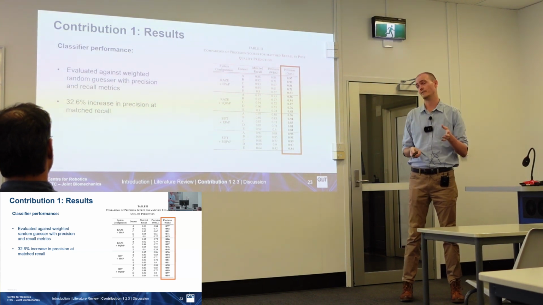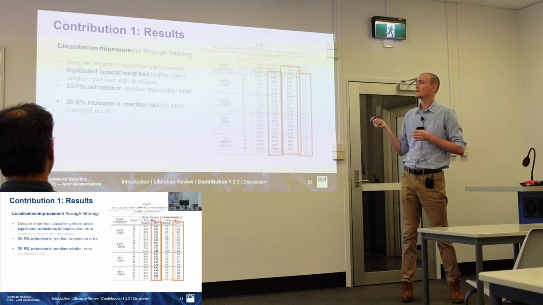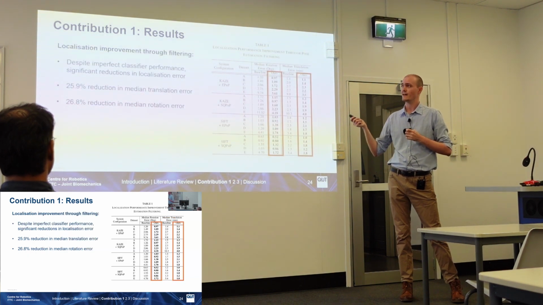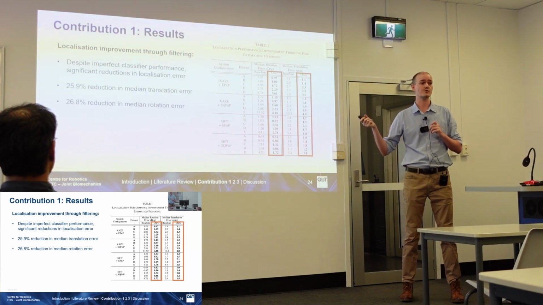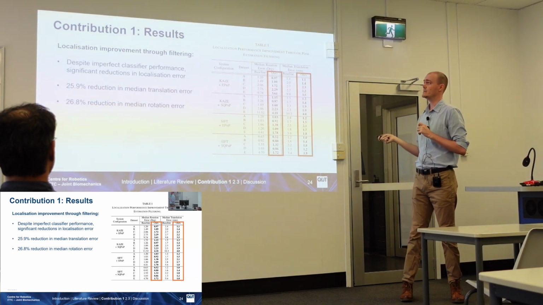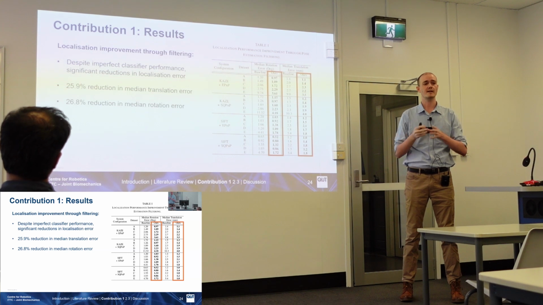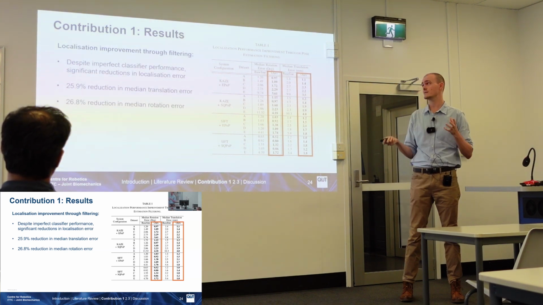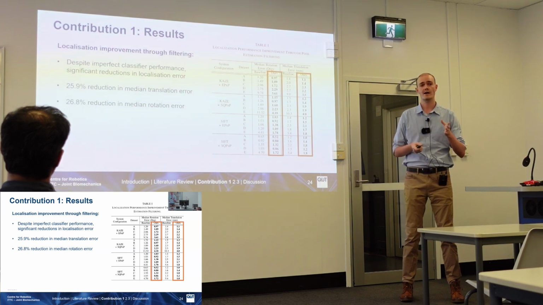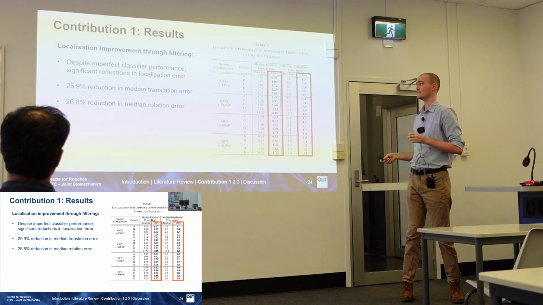Our next set of experiments evaluate using our classification approach to improve performance through filtering. In these experiments, we process each of our data sets through all of our iterations of our 6 degree of freedom pose estimation system, and we compare the error before filtering and after filtering.